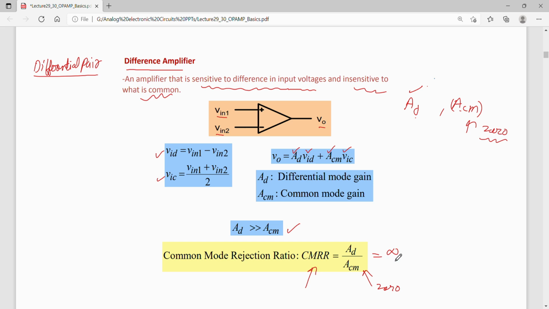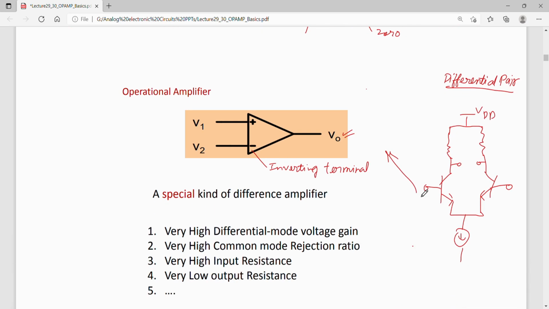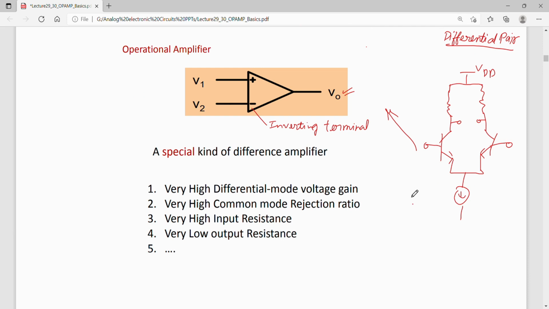If it has some finite value, that means the output is corrupted by noise, some undesirable output. If CMRR is infinity, then the noise is not present in the output.